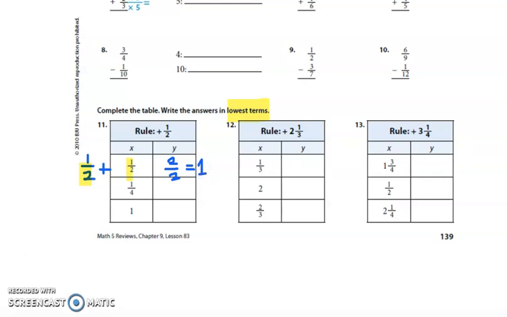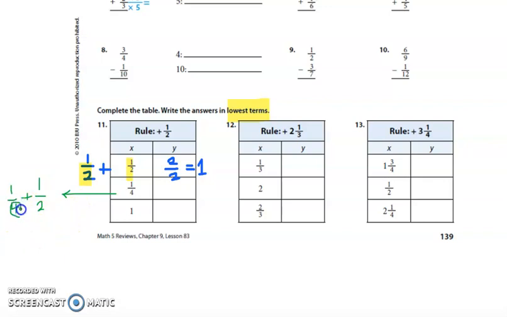Then what about the second one? So I'm going to take it over here. So we're going to add 1 over 4 with 1 over 2. However, they have different denominators. So I'm going to rename the fraction. And the lowest common multiple they have in common is 4.